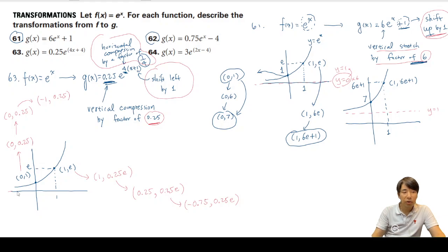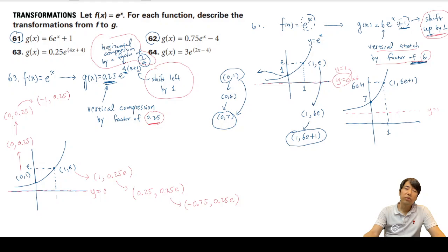There was this horizontal asymptote, which is y equals 0. But is there any change to this one? No. When you vertically compress this thing by 0.25, you multiply 0.25 to the y values here, but it's 0, so it's not going to change. It's still 0.